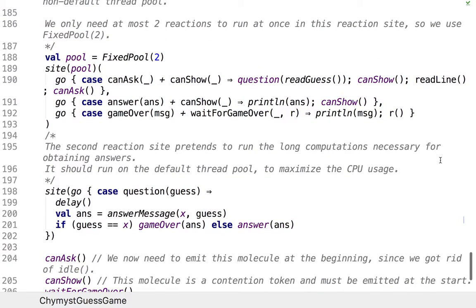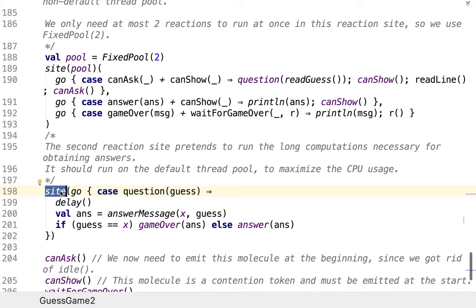So now I have 2 reaction sites, and they need to be running on separate thread pools, if I want to fix the problem with my implementation. In the chemist library, the call to site activates reactions, and it needs to know what thread pool to run them on. By default, there is a thread pool that maximizes CPU usage.